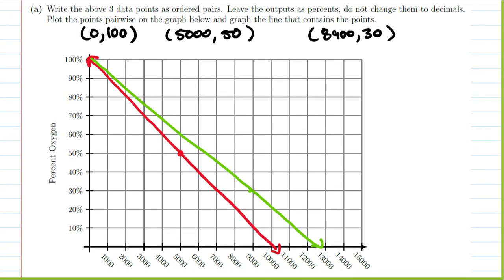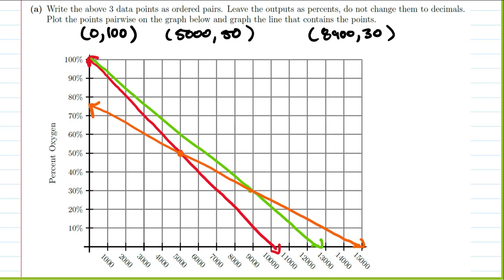So the last pair is going to be 5,000 and 50, and 8,900 and 30. So I go to 5,000 and I go to 50, which is here, and 30, which is here. And if I connect these 2 points, I get a line that looks like this.